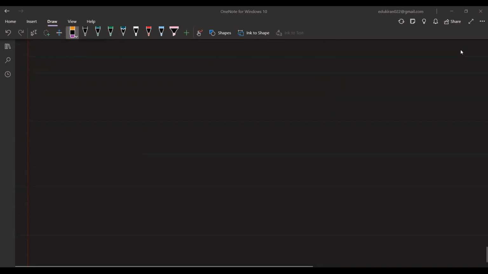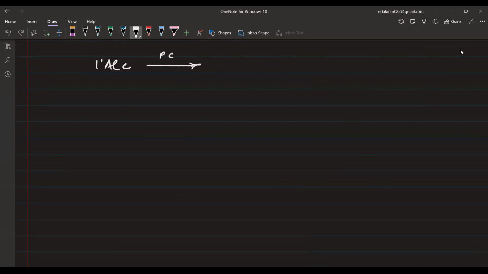Now I hope you have done. In today's class we have seen many reactions. We have seen reactions of 1 degree alcohol and 2 degree alcohol. With PCC, 1 degree alcohol gives what? Aldehyde. 2 degree alcohol with reagents such as PCC, CrO3, all of these are going to give you ketone. Just don't heat it.